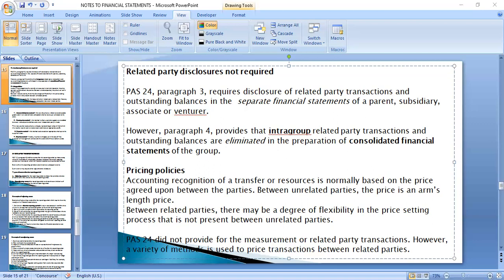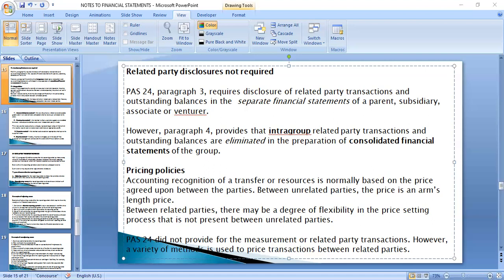In such cases, the financial statements are authorized for issue on the date of issue by the board of directors and not on the date when shareholders approve the financial statements.